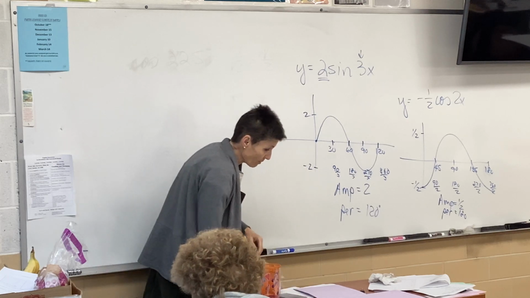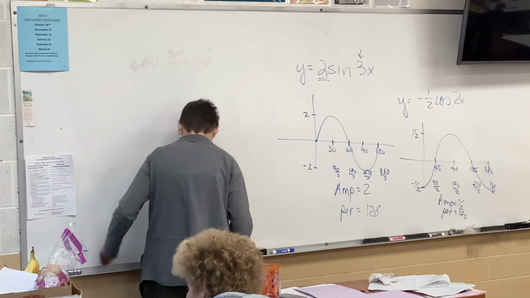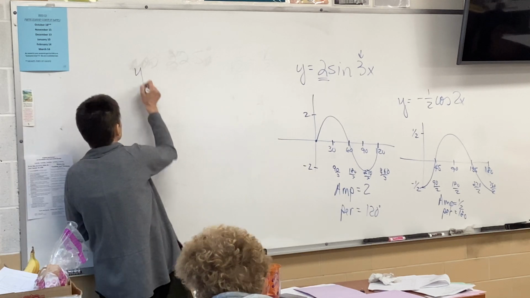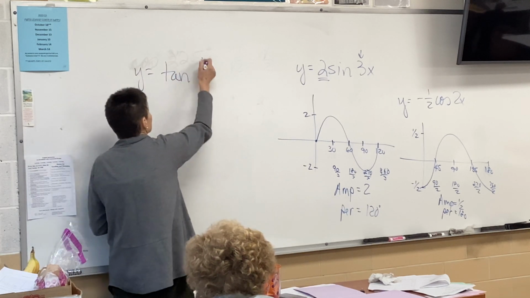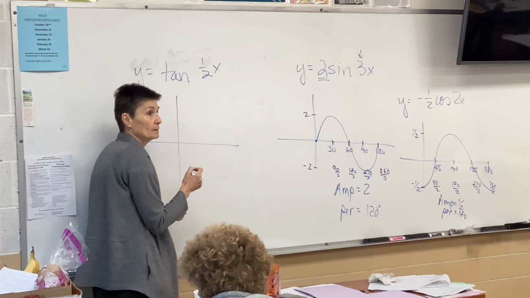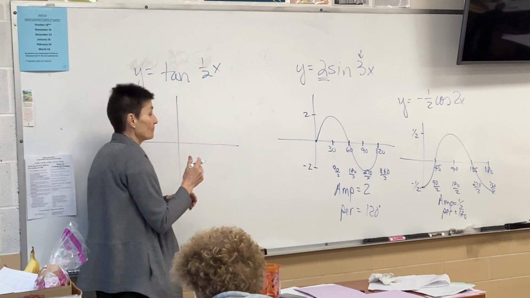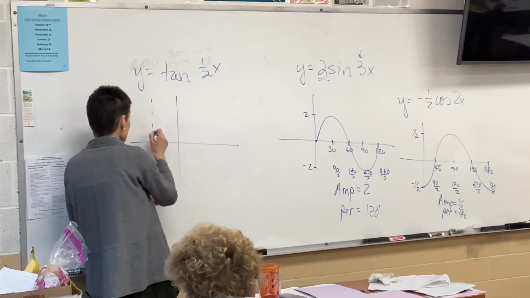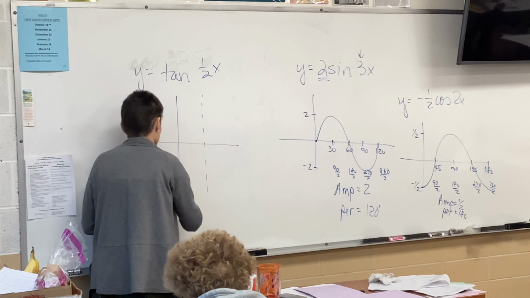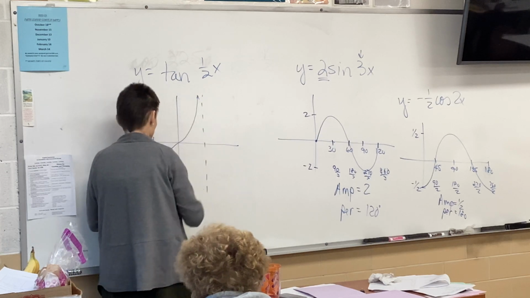And the last graph, tangent 1/2 x. Anybody remember what a tangent looks like? It's got the asymptote and the asymptote and the squiggly line through the origin, right?